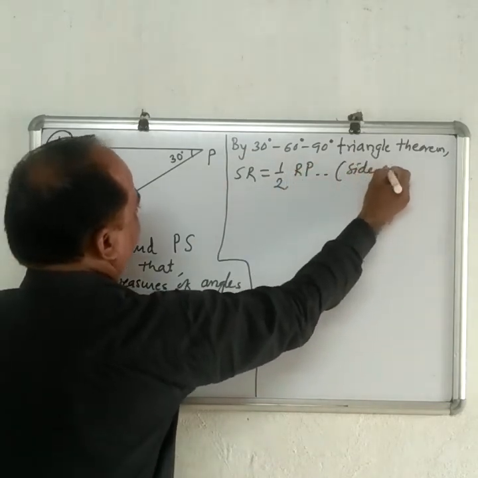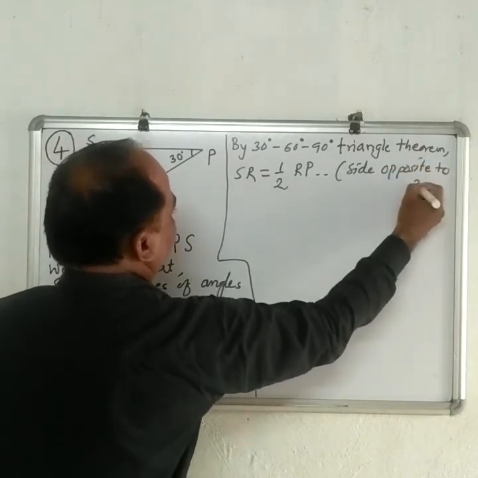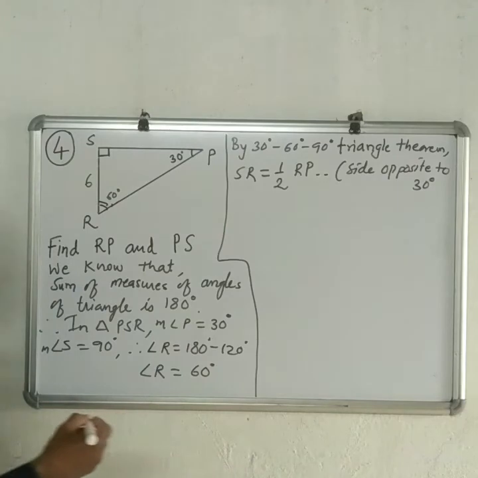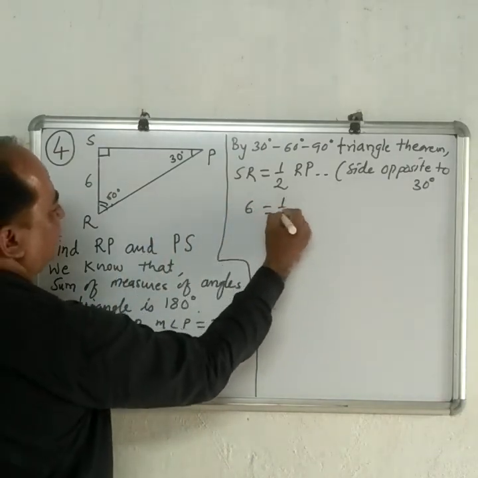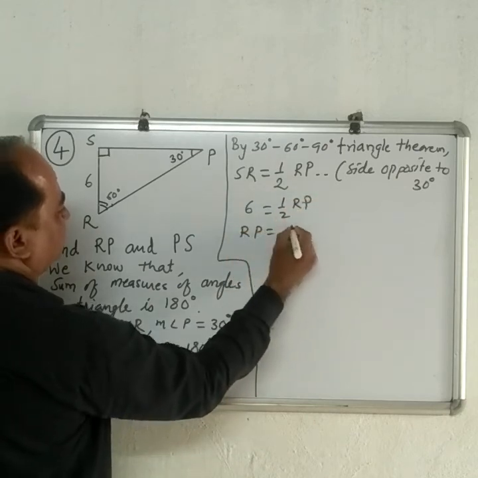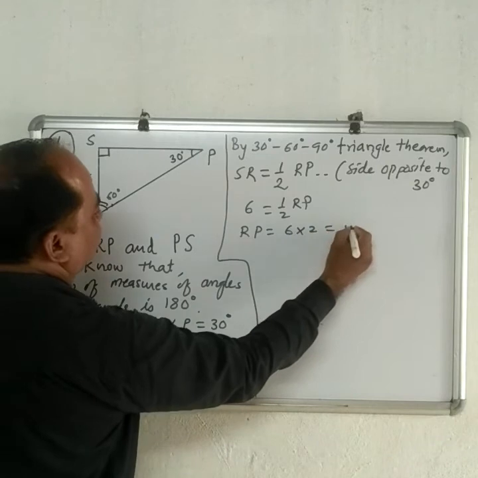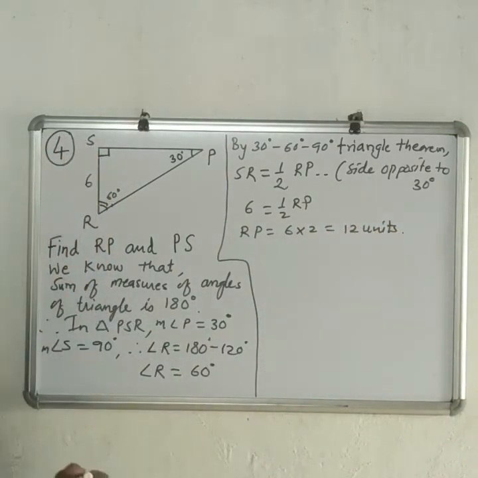Side opposite to 30 degree is half the length of the hypotenuse. So SR is given 6 is equal to 1 upon 2 RP. Therefore, RP is equal to 6 multiplied by 2, which is equal to 12 units. RP is 12.